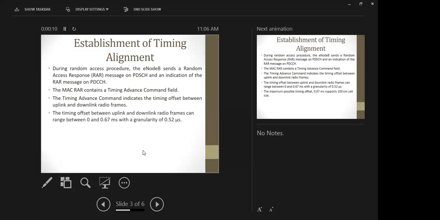Now, do you have any idea why you need this type of large range when you first establish? When you later maintain, maybe I just tell you, you may be moving a little bit, or even if you're using a vehicle, then you are moving at some velocity. So since the eNodeB is continuously correcting you, there is no requirement of large adjustment.